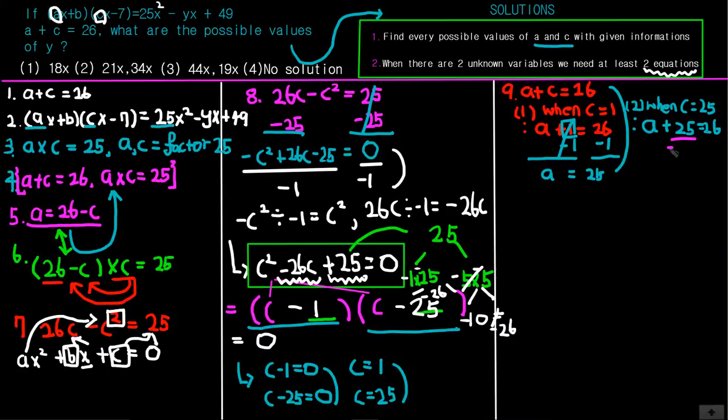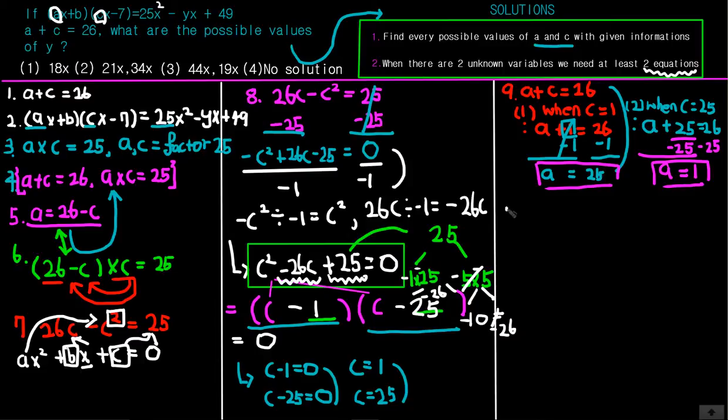So we can subtract 25 from both sides, and then we get a is equal to 1. So our value of a is 25 and then 1, which means they are the same values as c. So there will be 2 possibilities.